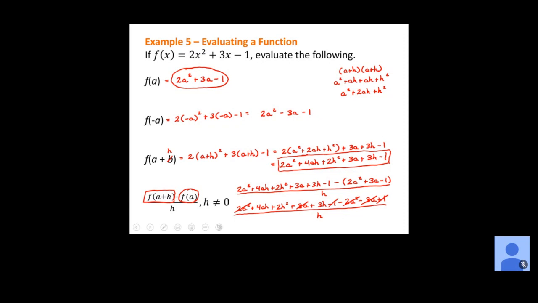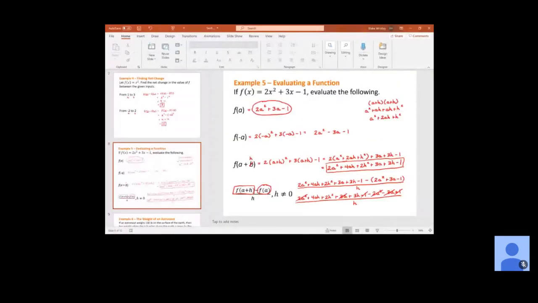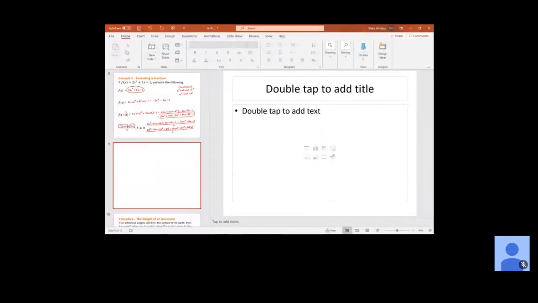All right, now I'm going to create a new slide here so we can finish this one out. All right, so what we were left with was 4ah plus 2h squared plus 3h.